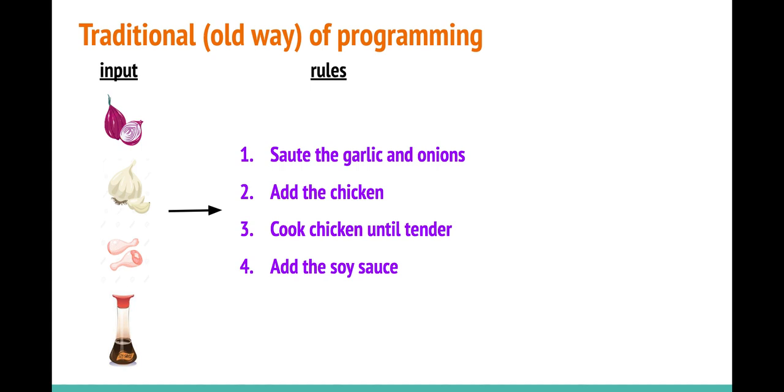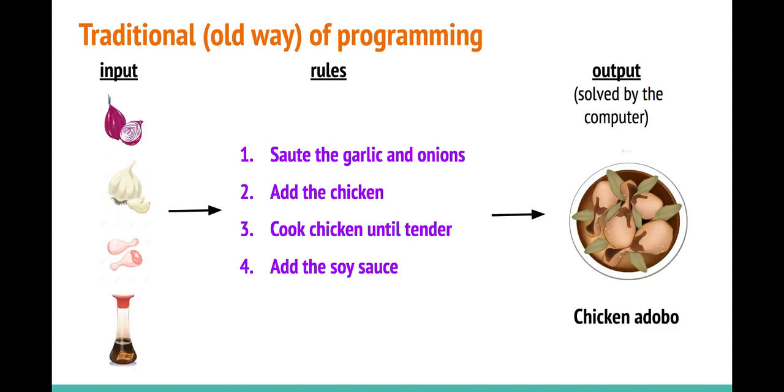And then once the computer follows these rules, the computer now solves the output. For example, the output is chicken adobo. So that's the traditional way of programming. We tell the input, we tell them the rules, and then the output, which is solved by the computer, is, for example, the chicken adobo.